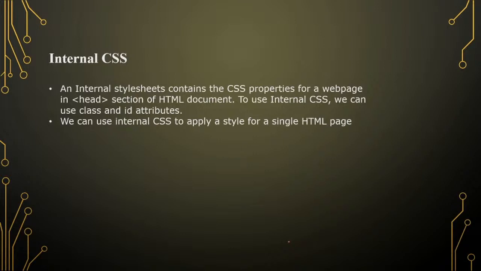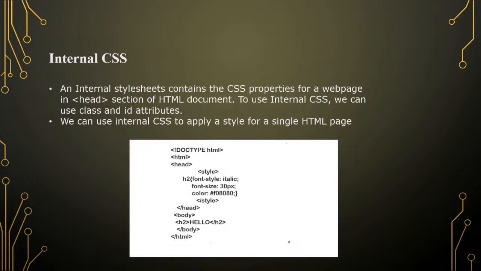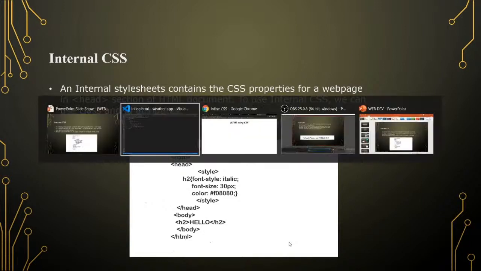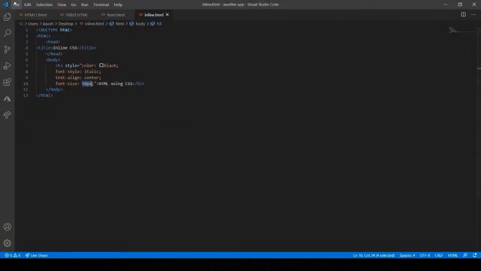We can use internal CSS to apply a style for a single HTML page. So you can see how internal CSS is going to be applied. We have to use CSS properties in the head section of the HTML document. So I'll show you by doing a practical.